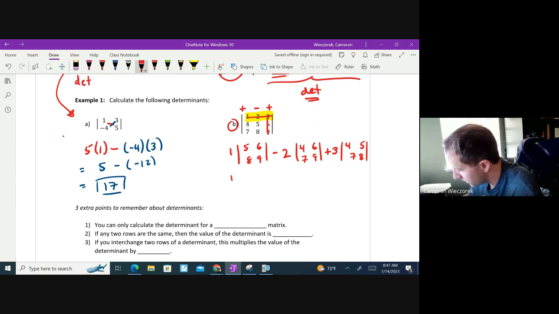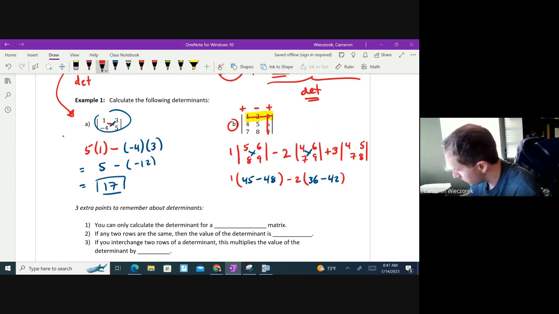So I get 1 times, using our algorithm for the 2 by 2, 45 minus 6 times 8 is 48, minus 2 times 9 times 4, 36, minus 6 times 7, 42.